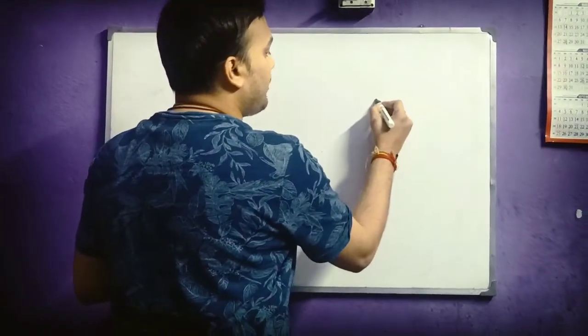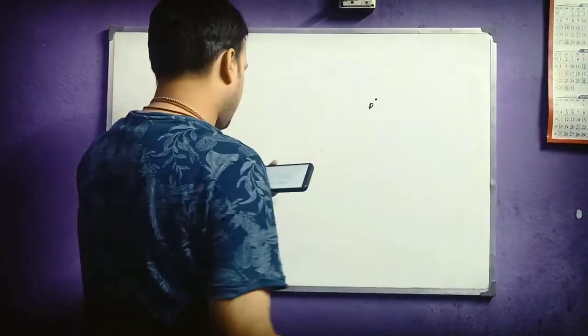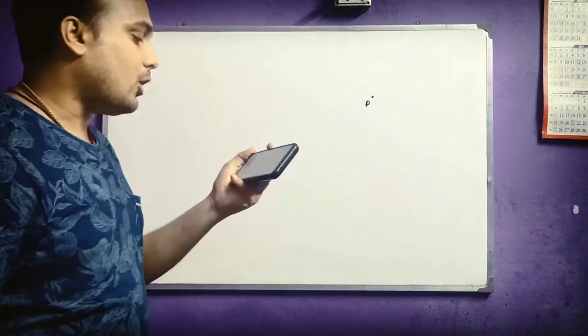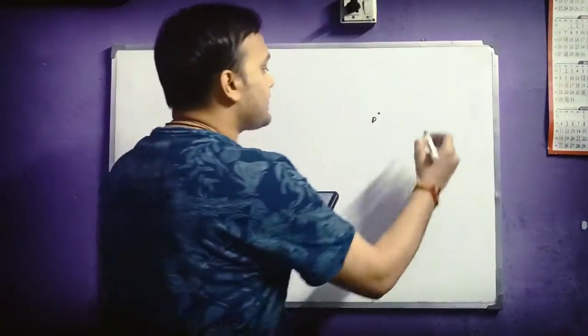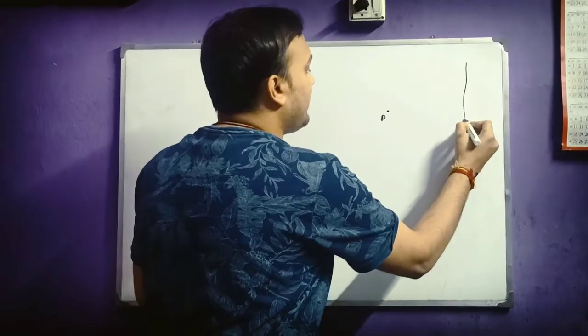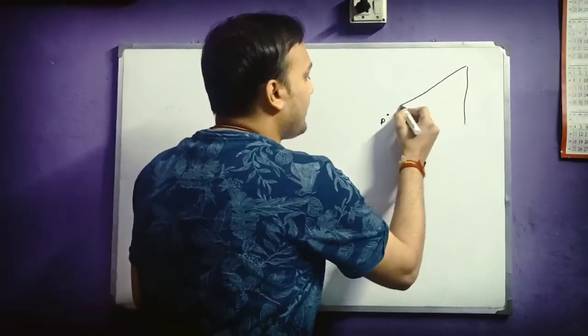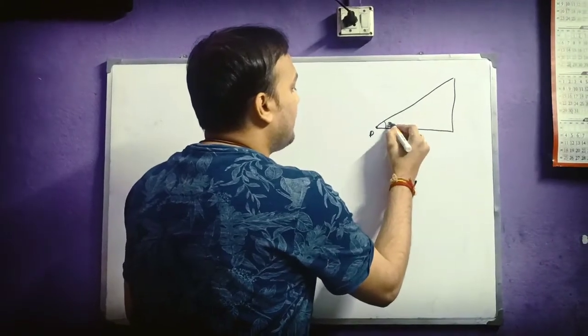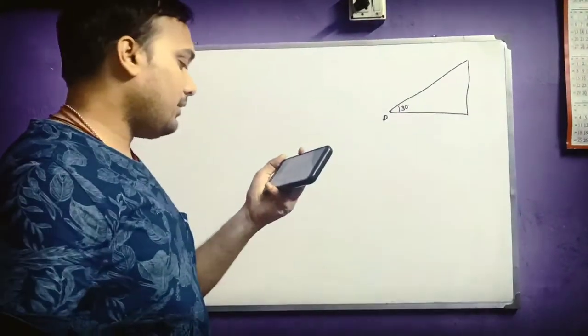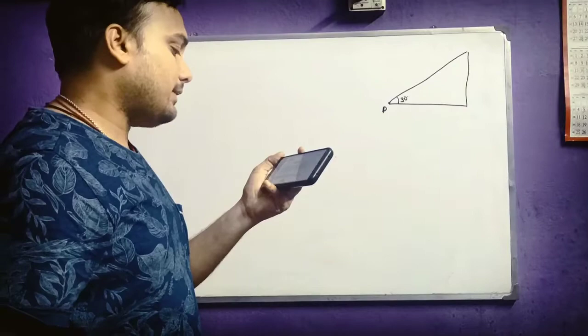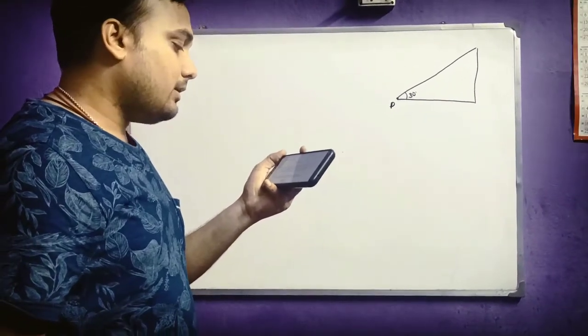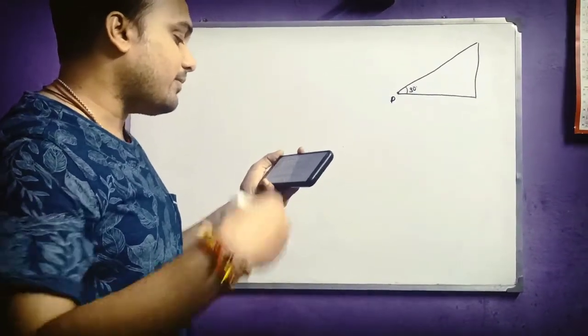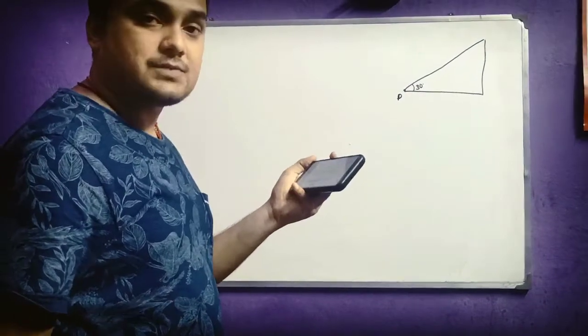This is a 10-meter tall building, and the angle of elevation from point P is 30 degrees. A flag is hoisted at the top of the building, and the angle of elevation of the top of the flag staff from point P is 45 degrees.